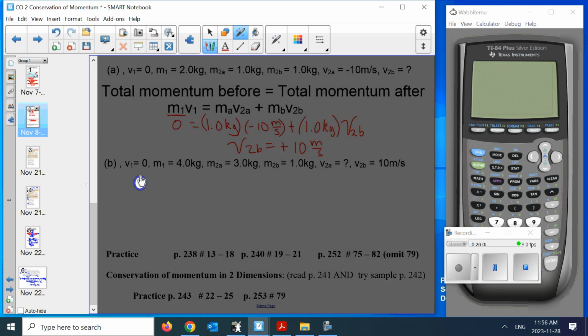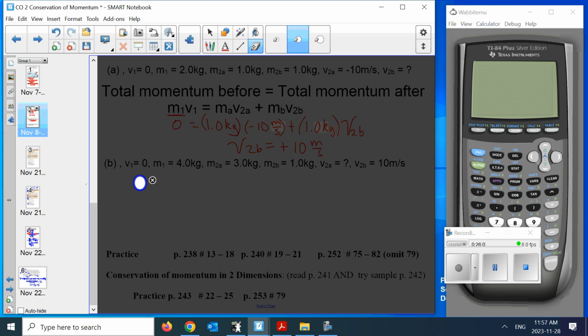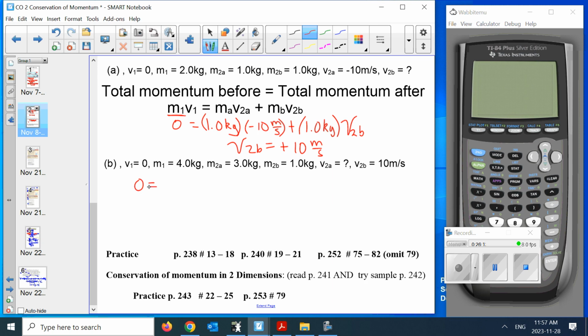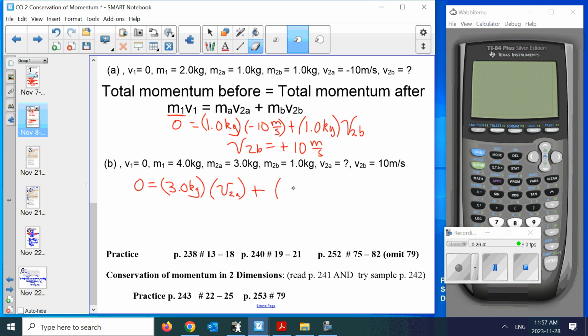So 0 on the left side because I'm going to start changing the masses. 0 on the left. Second masses, A and B. 3 kilograms. MA is just M1. Oh, MA?